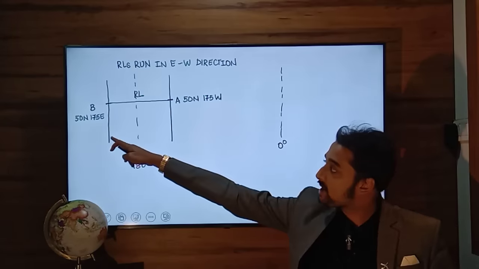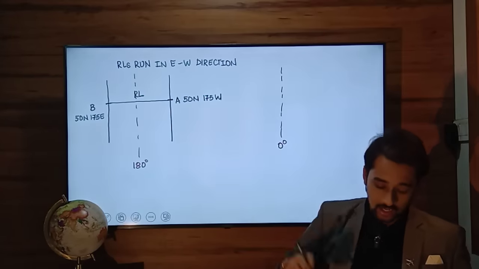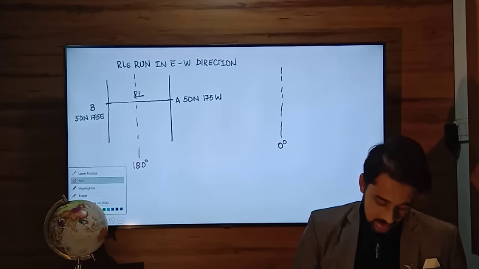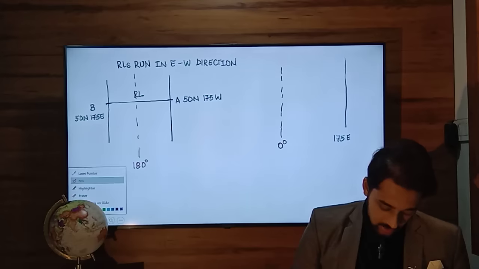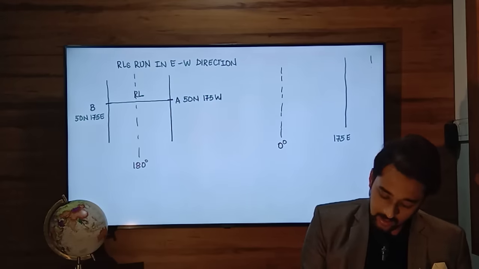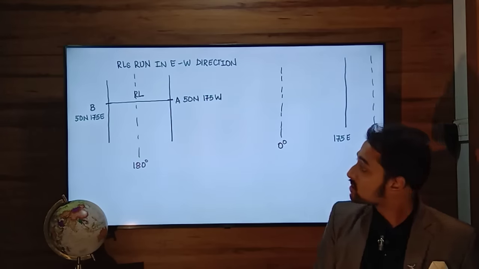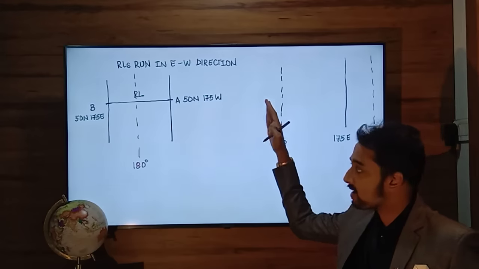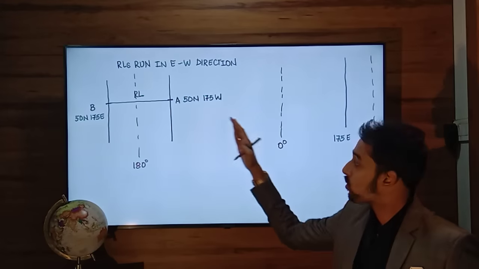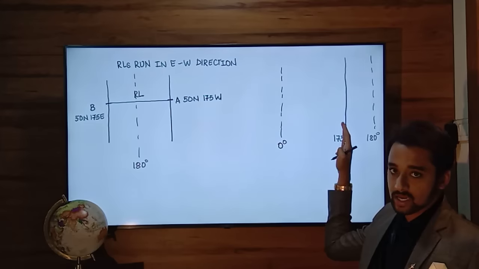And this 175 east longitude I can also draw here. This 180 will be over here somewhere. So basically, this is your prime meridian. 175 west will be on its left hand side, 175 east will be on its right hand side.